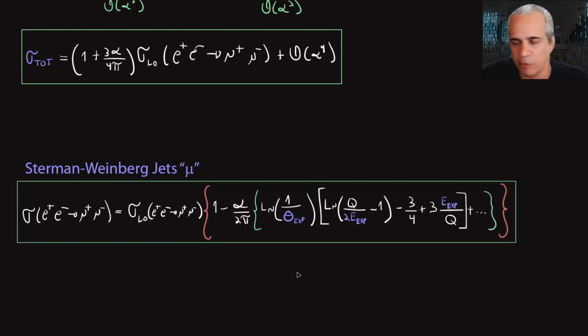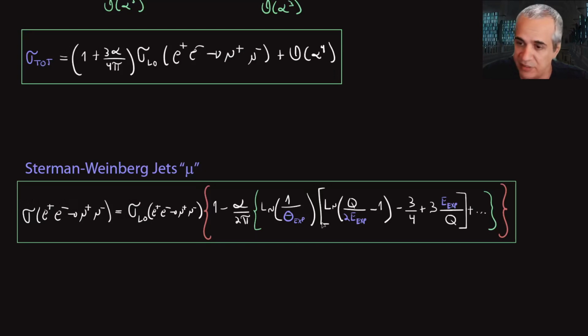This is a very common problem, especially in QCD, right? Where the gluon is massless, and you also have a soft collinear divergence. And you can see how that could go really bad, right?